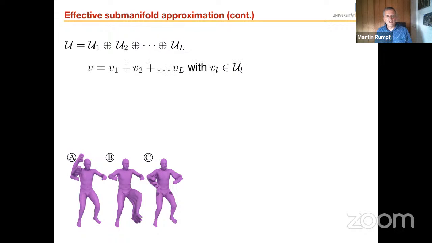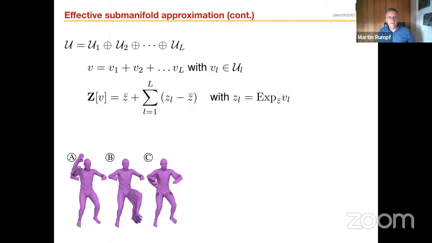So if we have now these components, we can take tangent vectors in these UI components and then compute, because of this separation, a reconstruction, uppercase Z of V, just computing the exponentials and then summing them properly up.